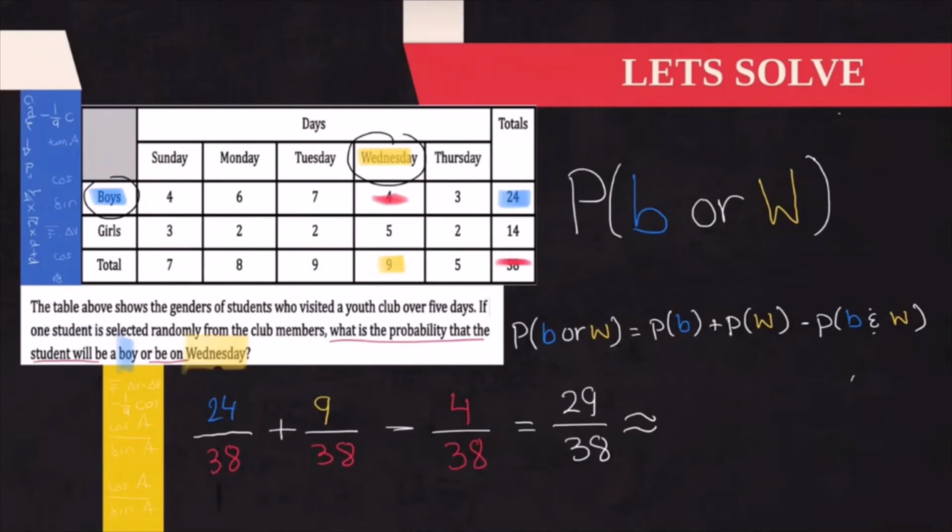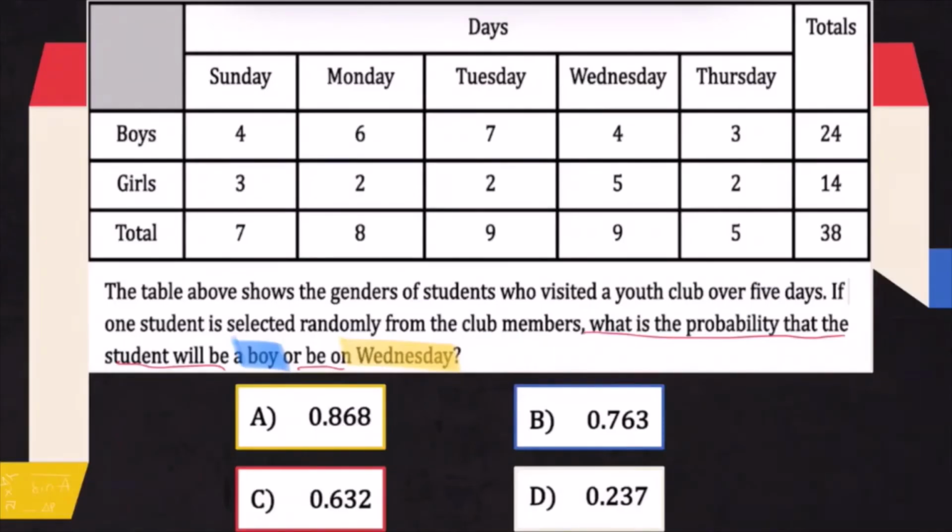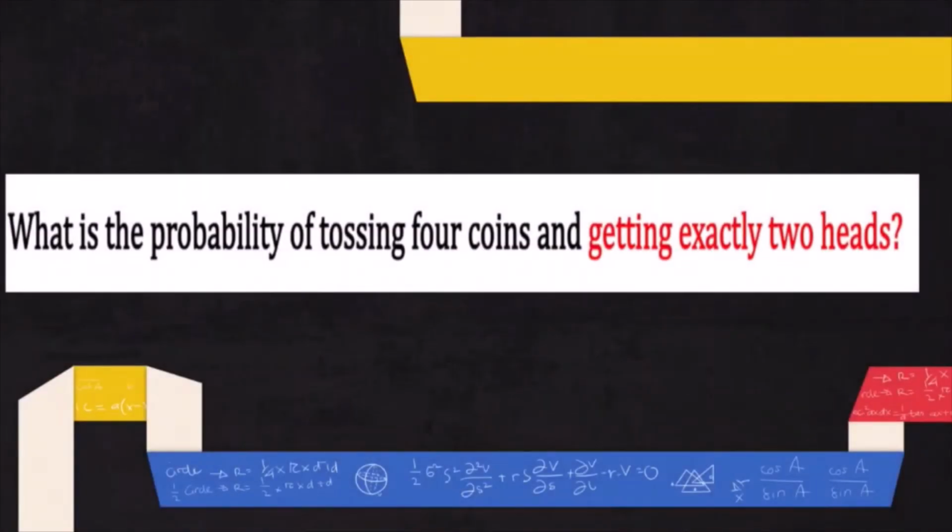To convert it to decimal, the correct answer is 0.763. Since we converted 29 over 38, the correct option is B, 0.763. Let's solve another question.